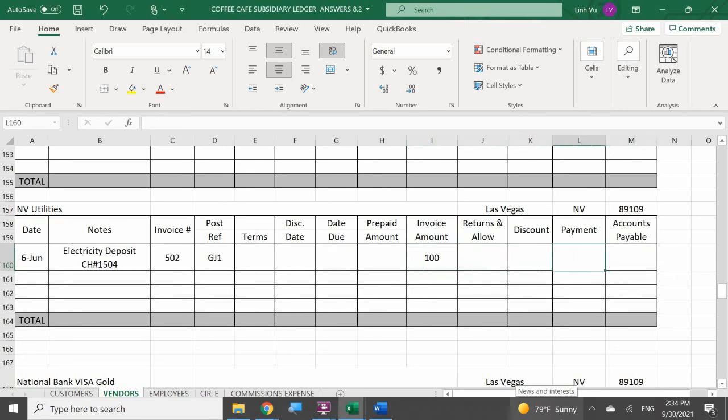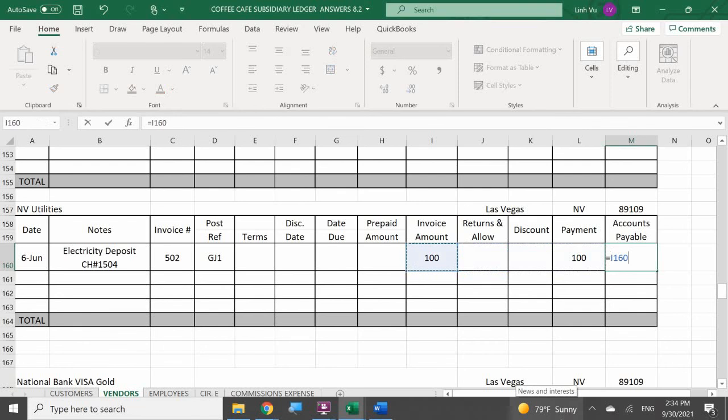And did we pay for it? Yes, we paid for it. So in this case, you're going to take your invoice amount, which is the total amount that was due, and subtract our prepaid, subtract our returns and allowances, subtract any discounts, and subtract any payments, because all four of those components decrease accounts payable.